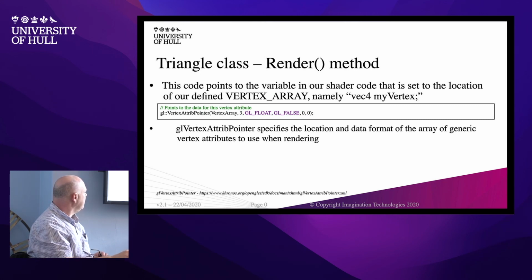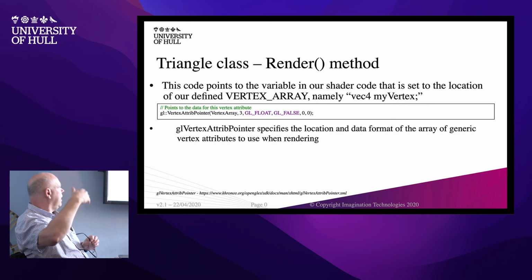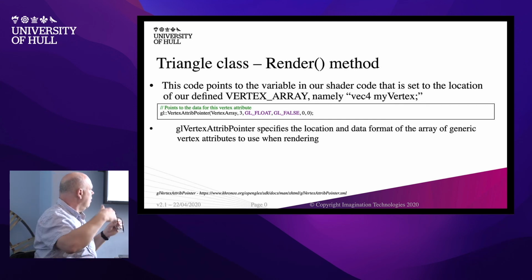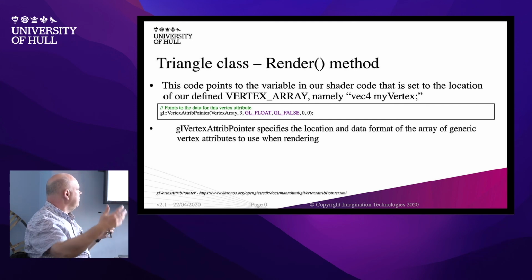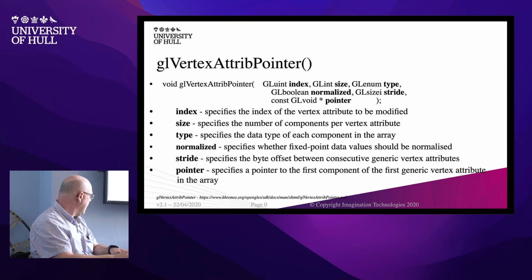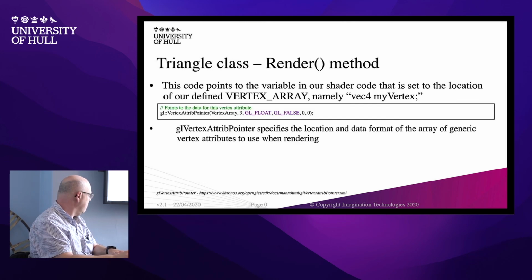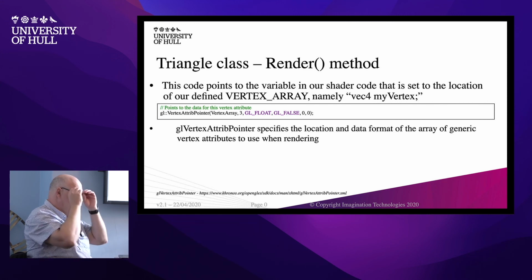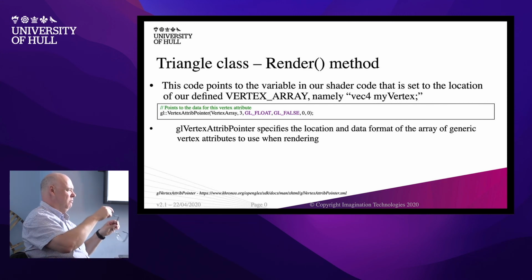Then we need to set up what is the information being passed in. Well, it's a position. It's at index 0. There are 3 vertices, they're floats. This other thing, normalized, we don't want to normalize it. If we normalize the position, then we don't have a position anymore.